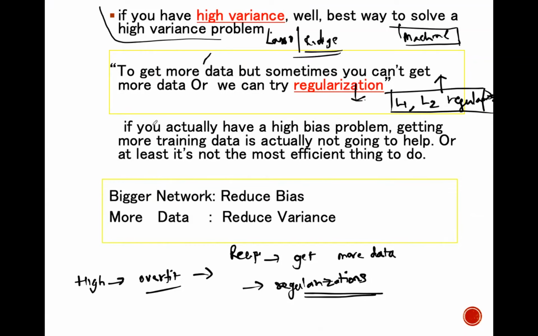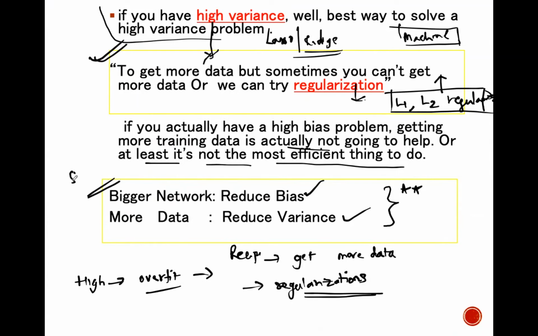If you actually have a high bias problem, getting more training data is not going to help, or at least it's not the most efficient thing to do. So a bigger network reduces the bias, and more data reduces the variance. Write these down as bullet points: for high variance, write this problem, and for this solution, write this.